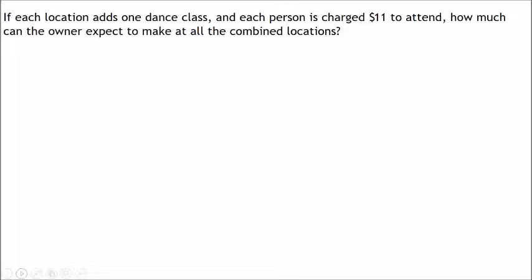So remember, one room holds 57 people, and there are 7 locations. Okay? And so now, if there are 7 locations that have one dance class, each one of those dance classes holds 57 people, we can figure out the total number of people that will be at all 7 of those locations.